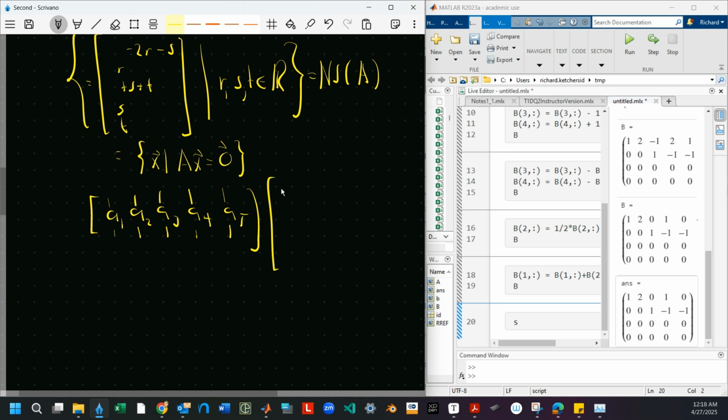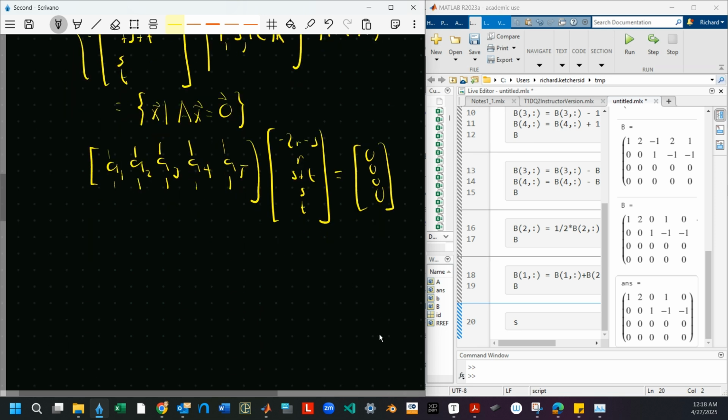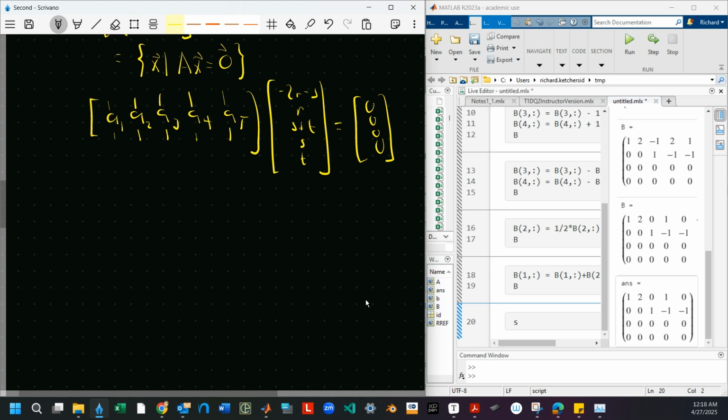So then I have minus 2r minus s, and I have r, s plus t, and I have s and t. This is going to give me 0, 0, 0, 0, like that. Okay, so remember the 2 different interpretations of systems of equations. Remember, this is just the columns of A.